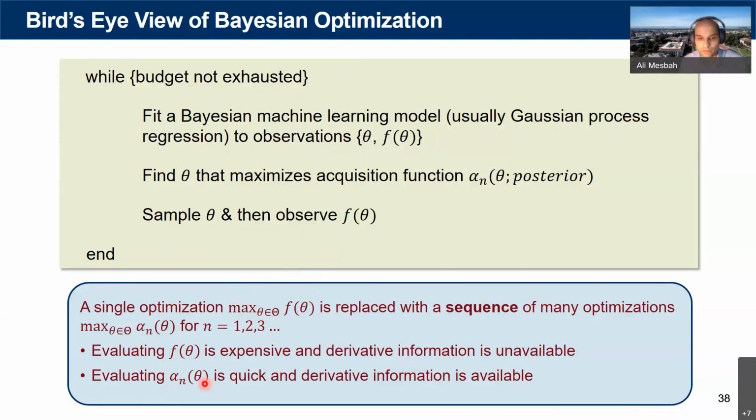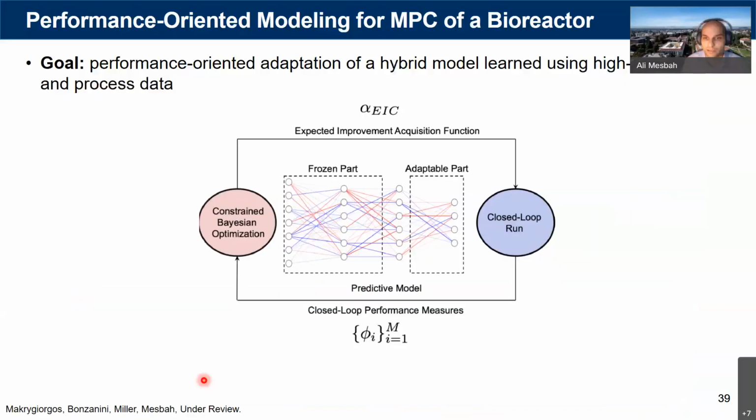So very quickly, to demonstrate the utility of such an approach for performance-oriented model learning, this is an application for a bioreactor, a relatively complex bioreactor. What we did here is develop a hybrid model, meaning that we had a high fidelity model of the bioreactor.